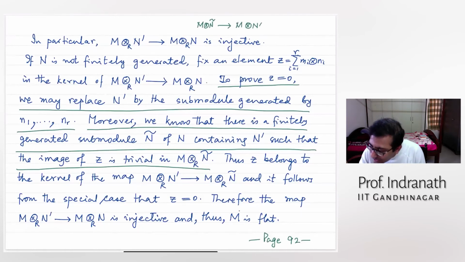And if you can show that you have a z dash here which is getting mapped to z, and you have a 0 condition on the kernel of this map, then this is 0 because of the kernel 0 condition, therefore this would get mapped to 0, and you are done.